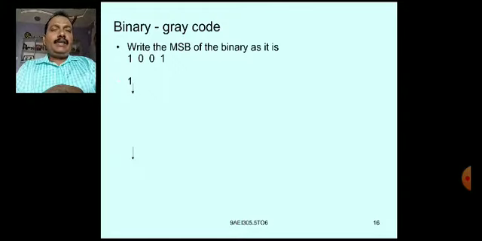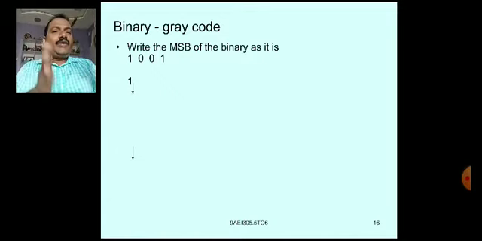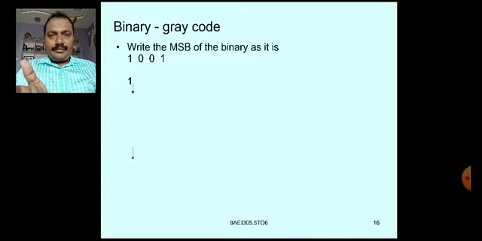I want to write that into gray code. Take the MSB as it is. Then add the MSB with the adjacent bit, write down the sum and neglect the carry.